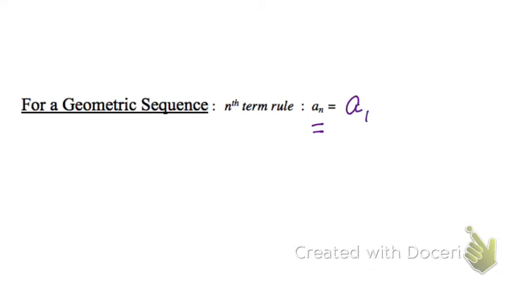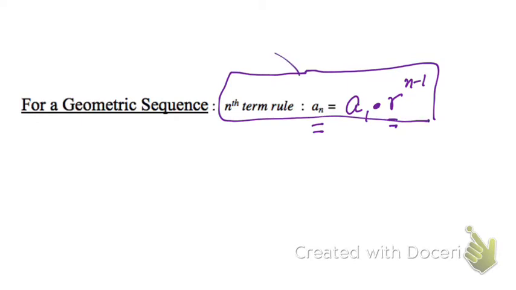So we always start at a(1). Then you start multiplying by something, and we call that the common ratio, r. Then how many of those r's do you multiply by? N minus 1 of them. So that is our nth term rule for geometric sequences, and we'll look a little bit deeper at that tomorrow.